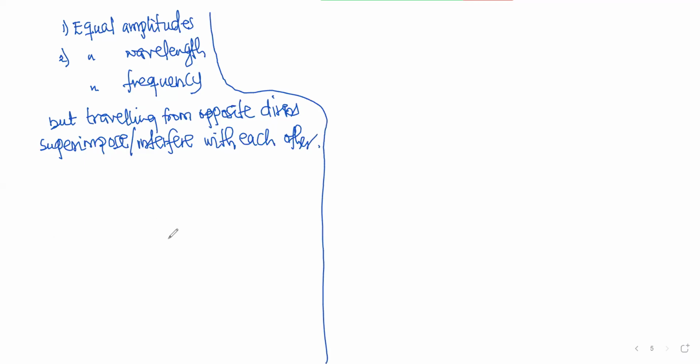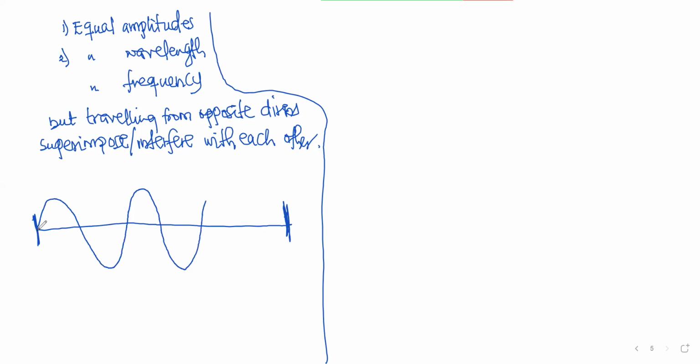So the moment you reduce the medium from being large to smaller, and then you disturb the medium, you create an incident wave. This is one wave traveling in this direction from left to right.